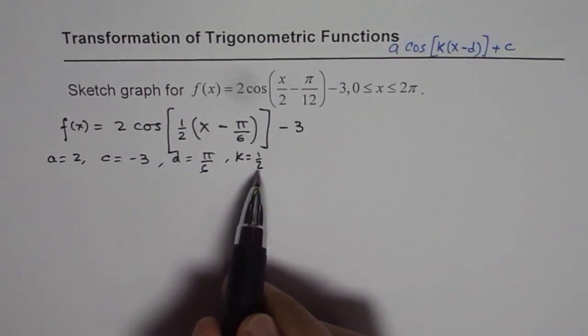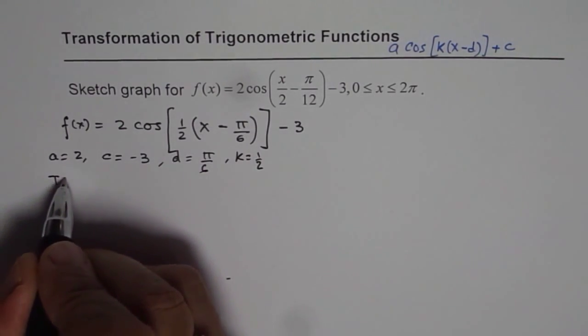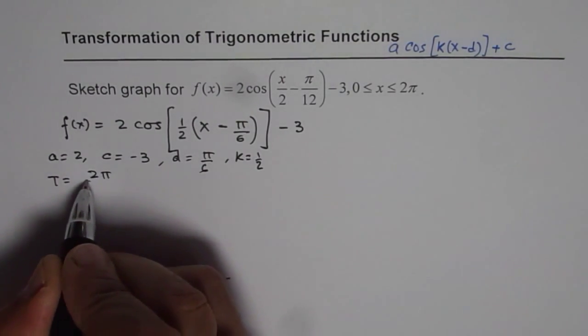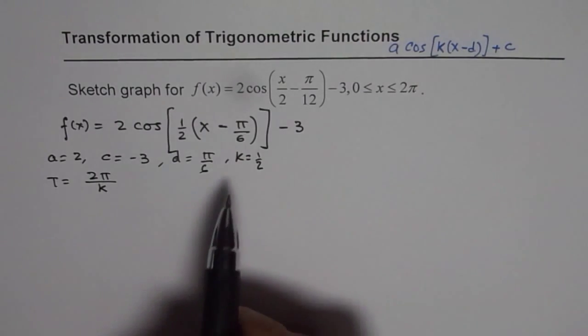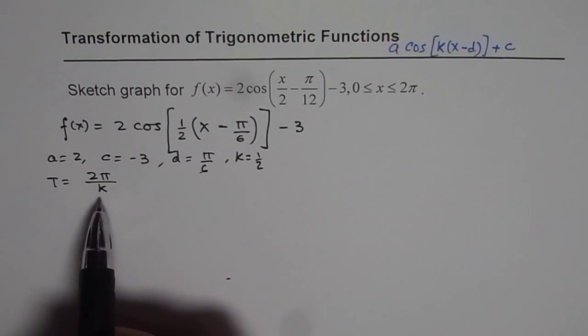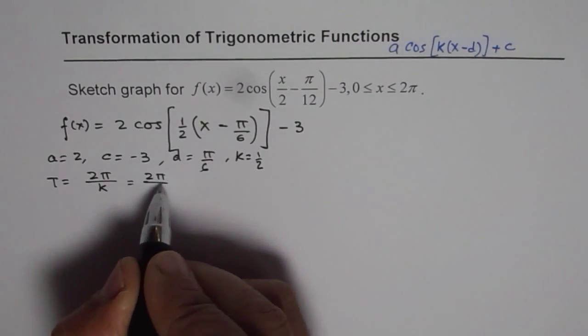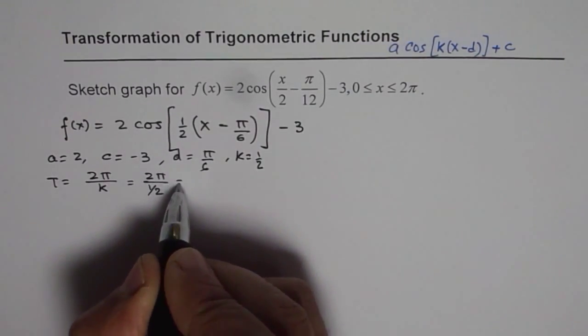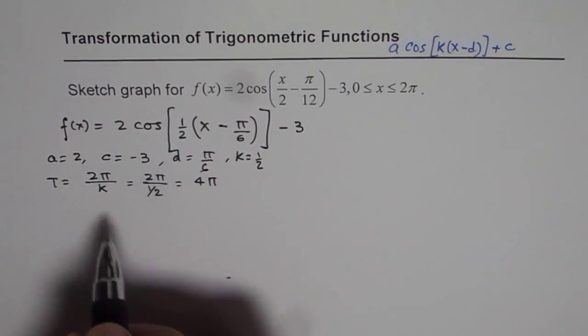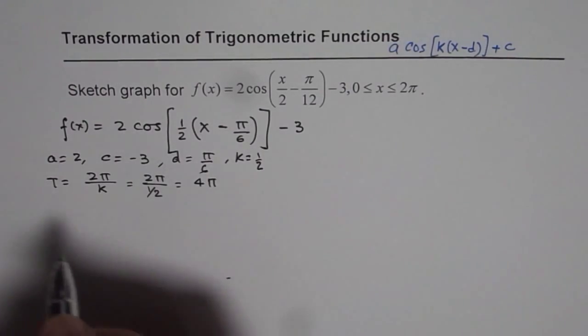The value of k helps us to find the time period T, which is 2 pi by k. Those of you who are doing it with degrees can write 360 divided by k. So that means 2 pi by half, that is 4 pi, right? So in radians it is going to be 4 pi.